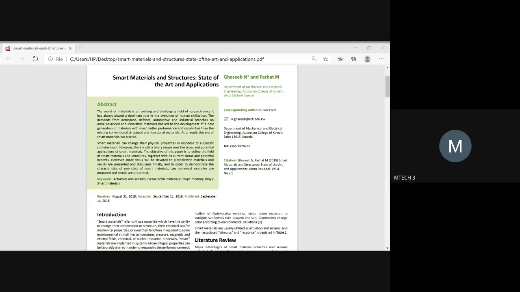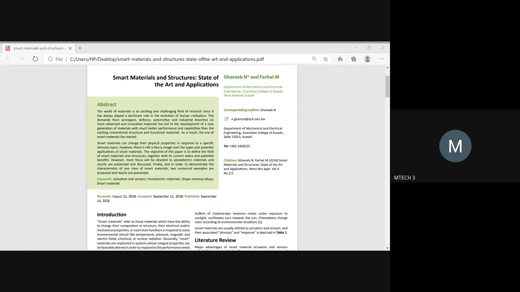Suppose you speak about sensors here in the table. You can see various material classes: pyroelectric, piezoelectric, electrostrictor, magnetostrictor, electroactive polymer, electroluminescent, photoluminescent, electrochromic. These are the various classes of materials available to make sensors.